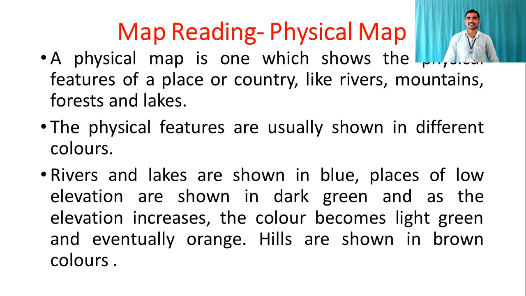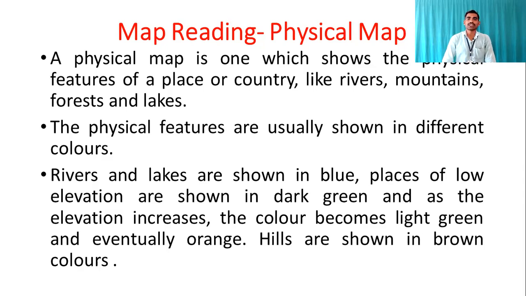There are some places on the earth's surface which have very low elevation or very low height if you compare it with the mean sea level. If you compare the height of that particular area with the sea level, it could be a little less, or it could be a little high. So based on the height of the physical feature, the colors are used.